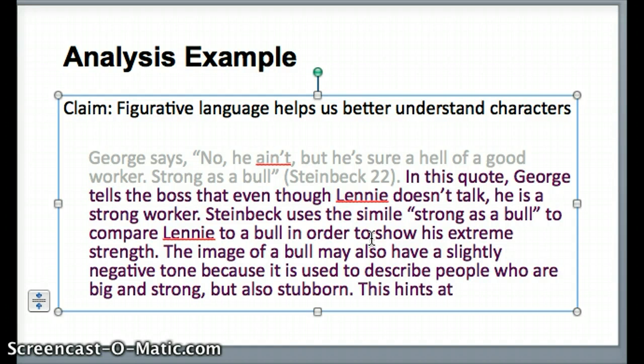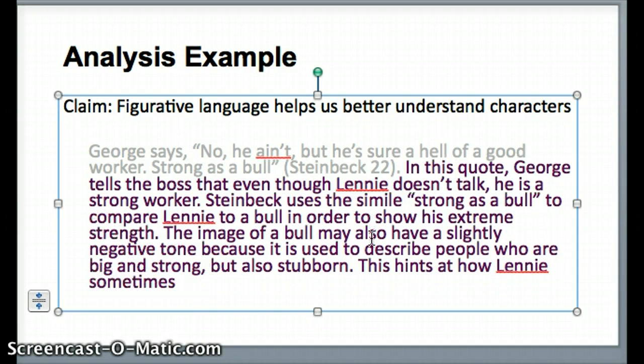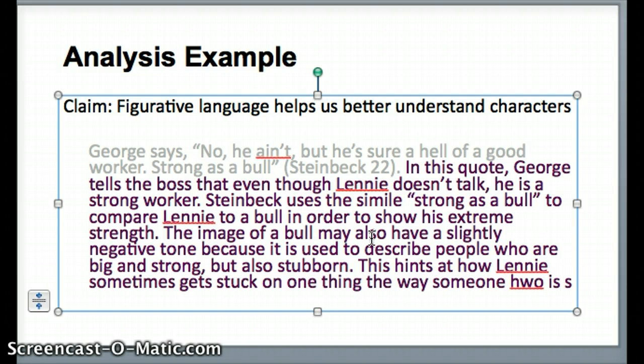This hints at how Lenny sometimes gets stuck on one thing the way someone who is stubborn might.